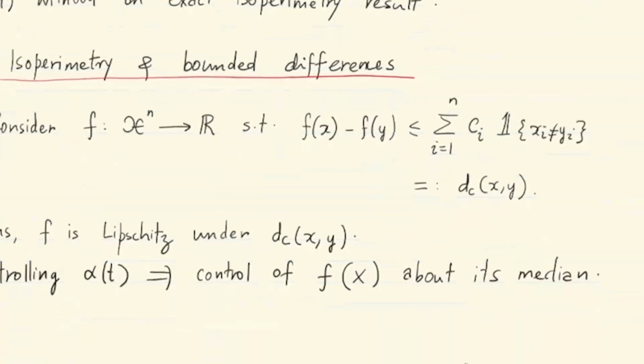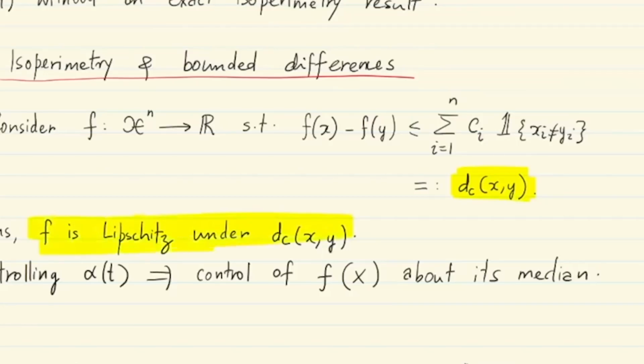So for the purposes of this section, it's convenient to consider a function f which has a bounded differences property defined on a space X^n, in that |f(x) - f(y)| is at most the sum of c_i times the indicator that x_i is not equal to y_i. We also call this the c-weighted Hamming distance, and in fact this bounded differences property implies that f is Lipschitz under d_c(x,y).